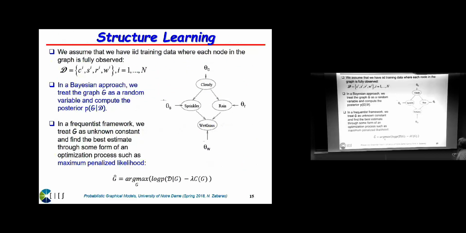Another problem that maybe we will discuss in April, very close to the end of the semester, goes under the name of structure learning. For example, in our sprinkler wet grass problem, let's say that on different dates somebody makes observations of whether it's cloudy, if the sprinkler is on, if it rains, if the grass is wet, and you collect a bunch of IID data.